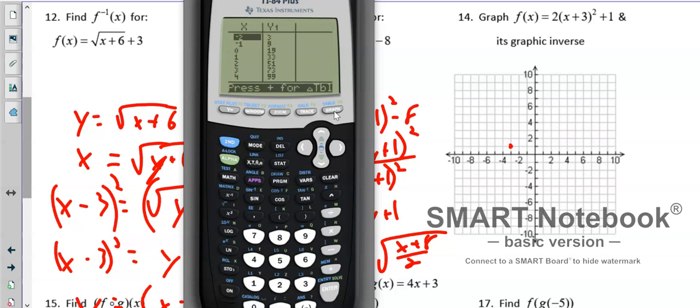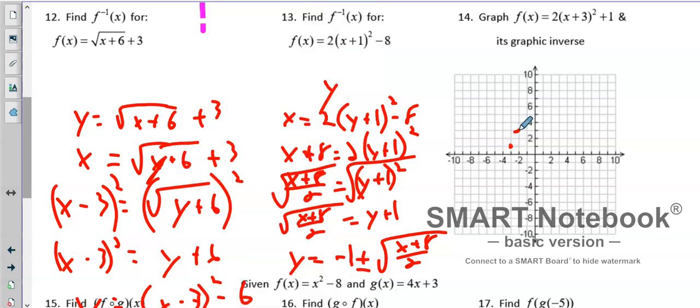Negative 2, 3, negative 1, 9. And then the mirror images, negative 4, 3, and negative 5, 9. Right? And then remember, you literally just switch the points for the inverse.